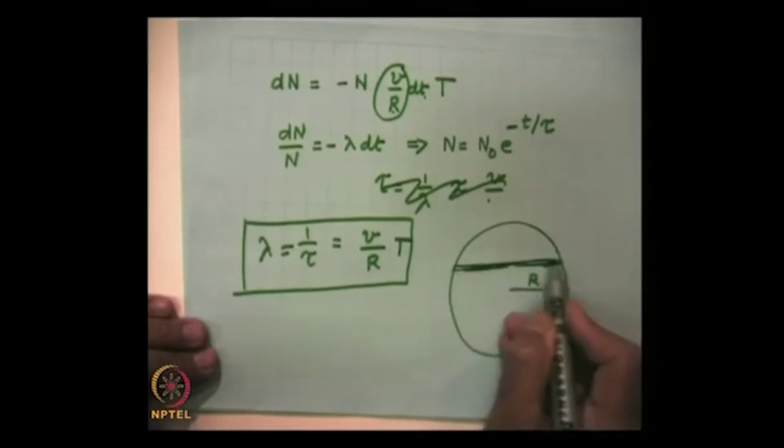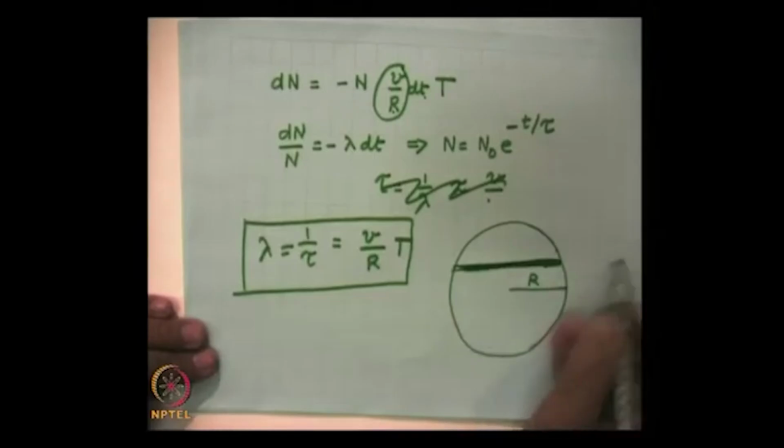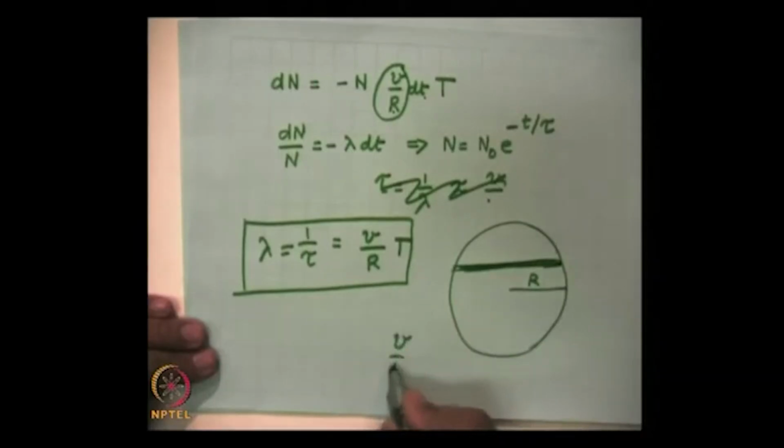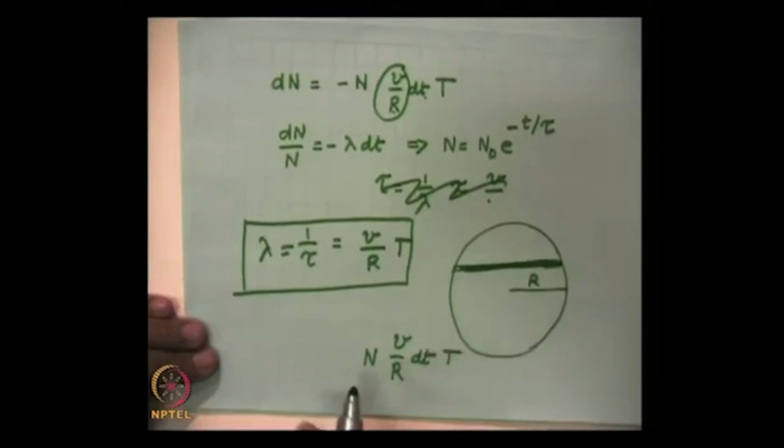So the number of times the alpha particle hits the surface trying to go out is V by R. In time dt, the number of hits is V by R dt multiplied by the total number of nuclei present, and at each hit there is a probability T of it tunneling outside.